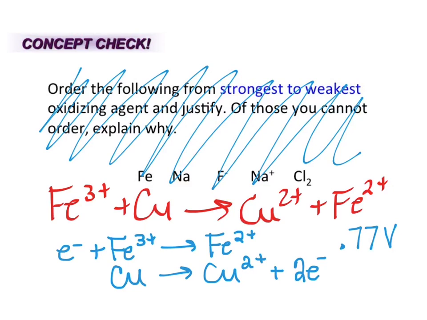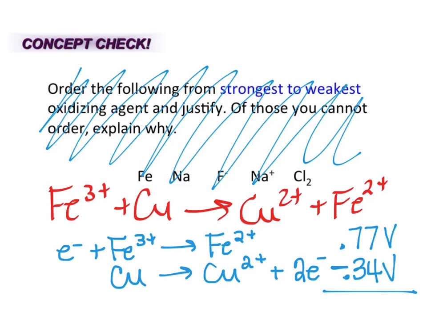So what we're going to do, it's copper 2+ plus 2 electrons, right? So it's 0.34, but it's flipped, so we need to have it as negative 0.34. Y'all are getting ahead of me.